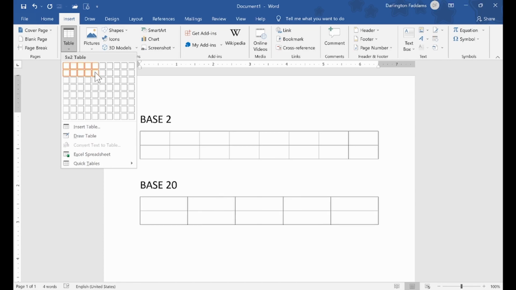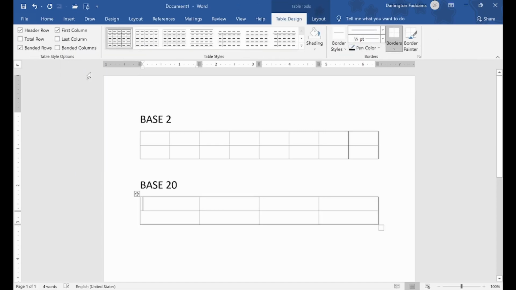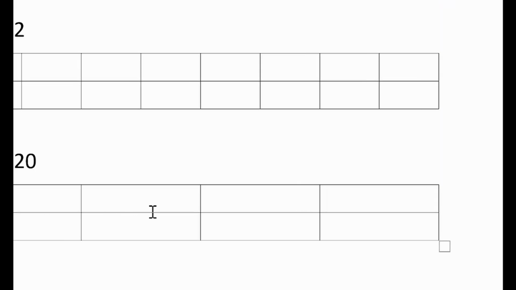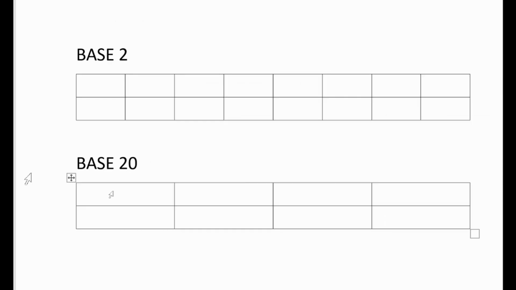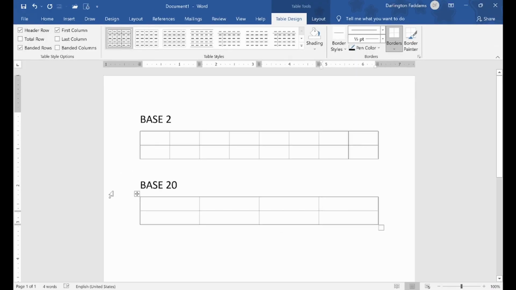Let me use a table with just 4 columns. In base 10, we call this side. Can you see my table?